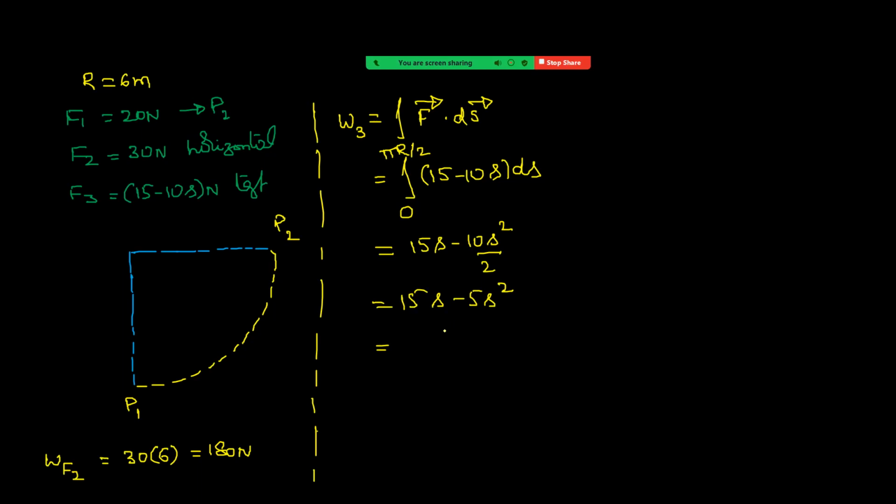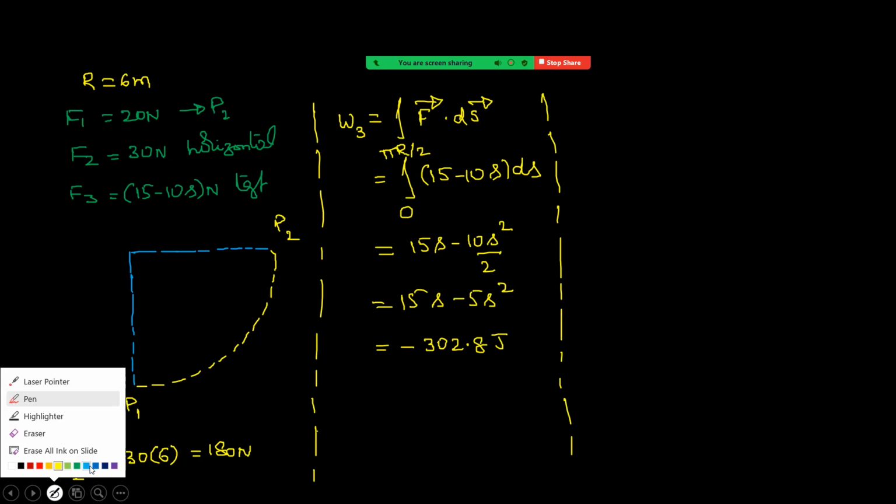After making the calculation, we are going to get minus 302.8 joule. So that is W3, and similarly for F2, the calculation is very simple and direct. Now focus on F1.